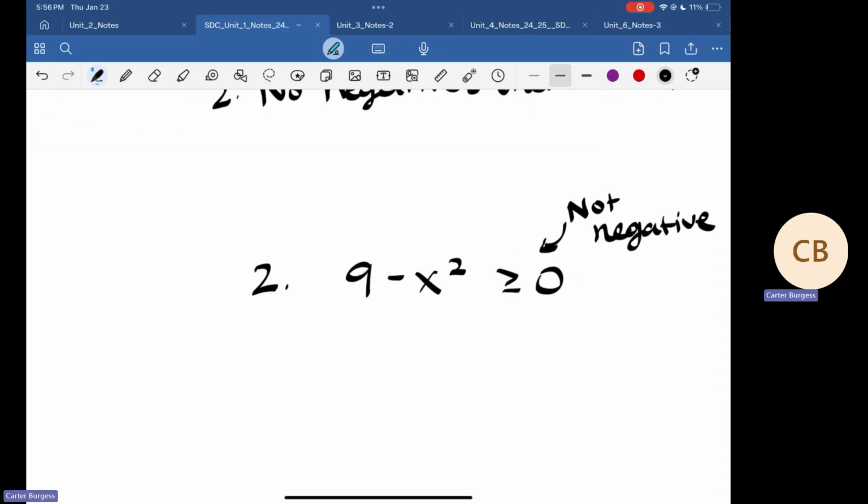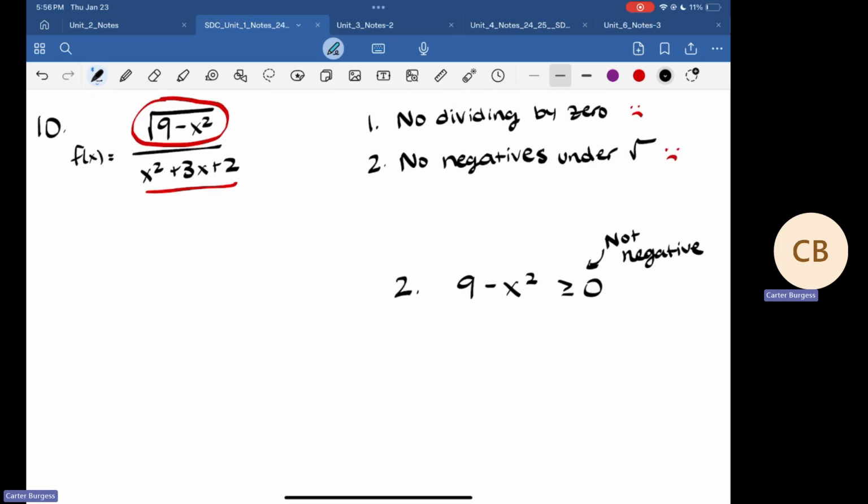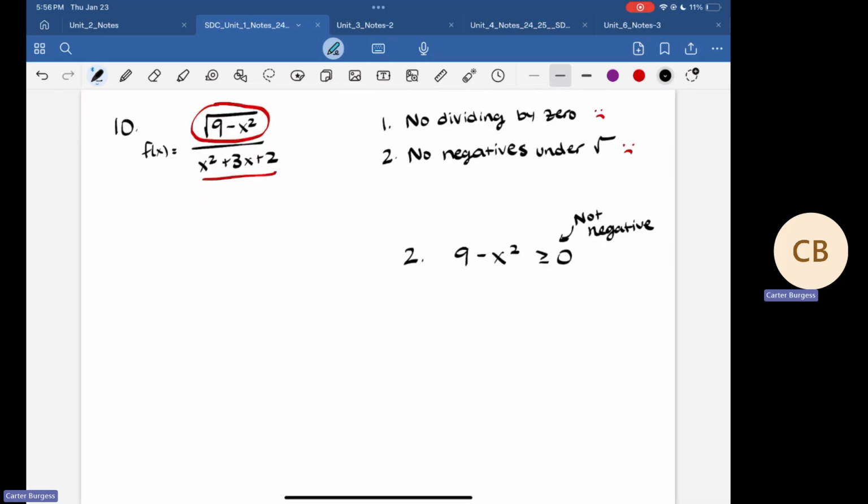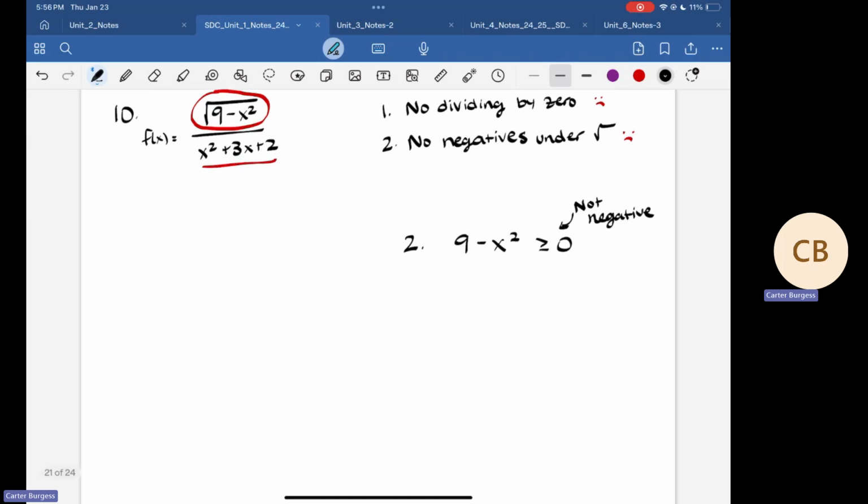Okay, there are ways to solve this. We did not look at, for this particular unit, solving these kinds of rational and polynomial inequalities. We will return to this in unit 2.